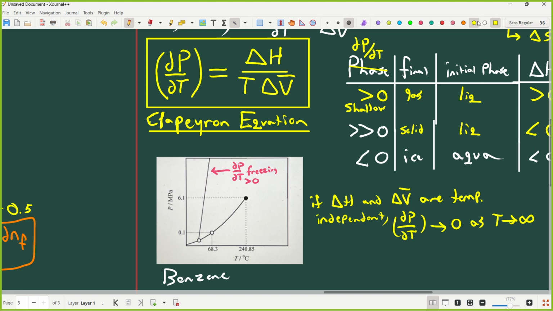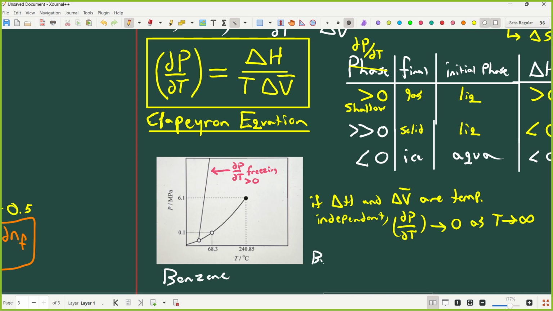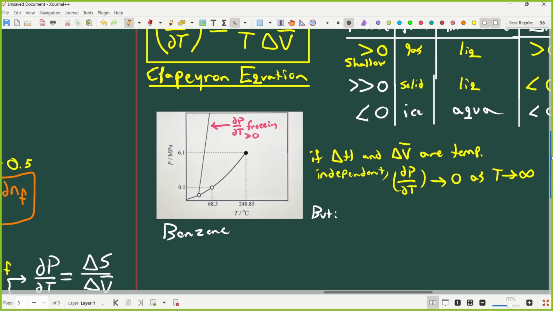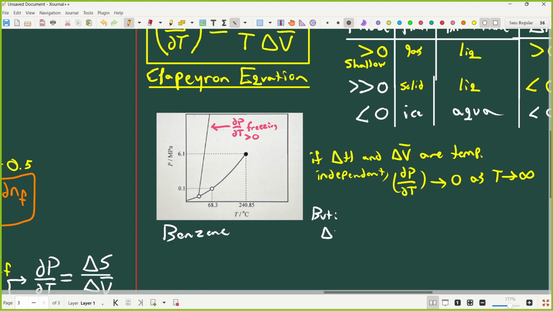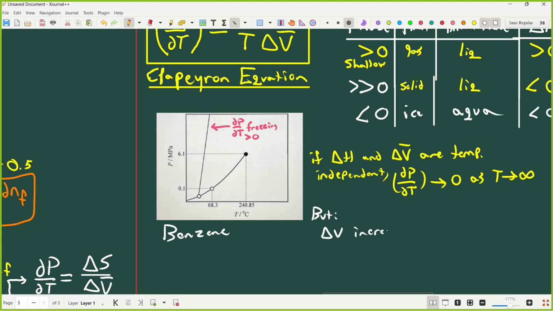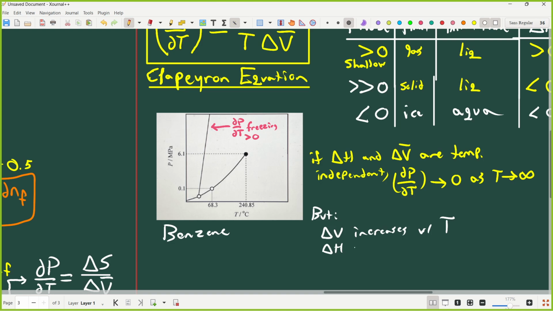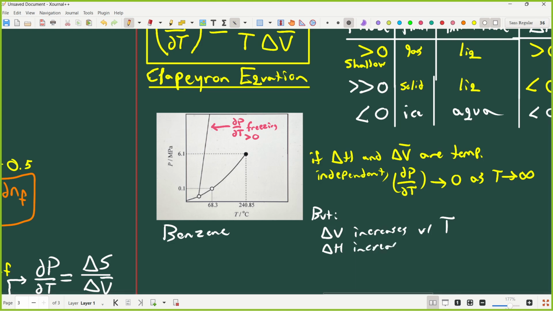We saw that, but delta V increases with T, and delta H increases with T faster than T increases.